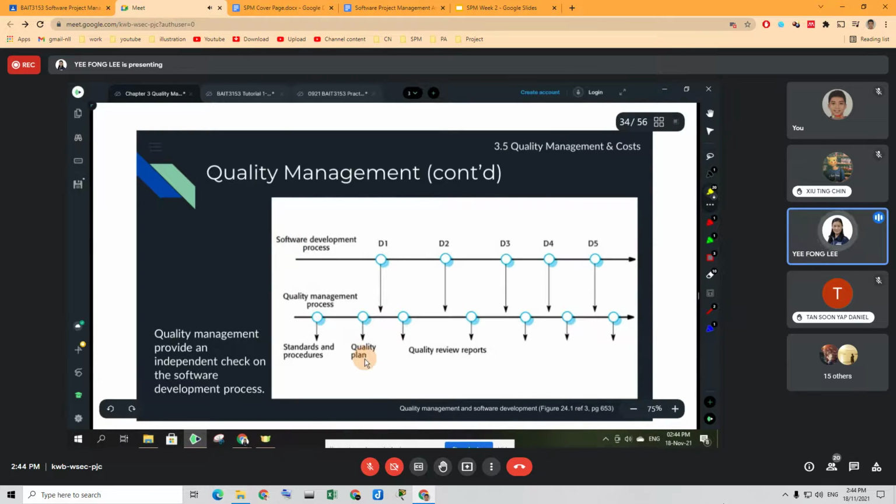So the quality plan will set up the desired product quality and how it is to be assessed. The quality plan should also define the quality assessment process. The quality plan we do shall be short.